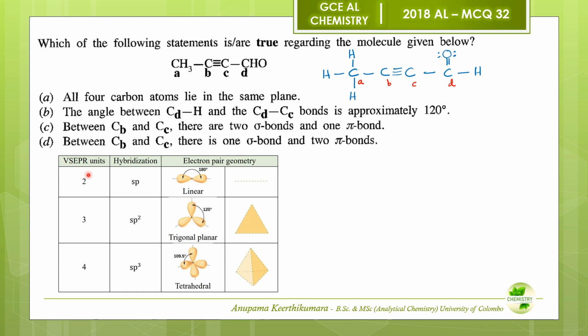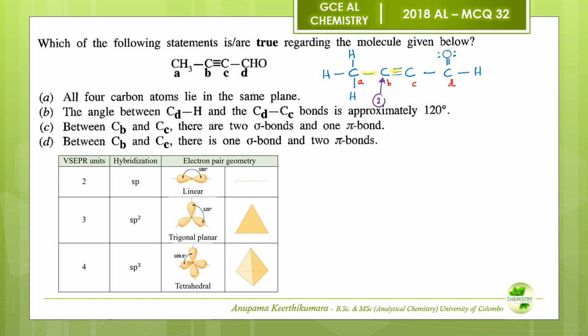Using the VSEPR units, we can find the hybridization and the electron pair geometry of these center atoms. Then we can draw the geometry of this molecule. I will start with CB and CC. There's a single covalent bond and a triple covalent bond around CB. Therefore, there are 2 VSEPR units around CB.